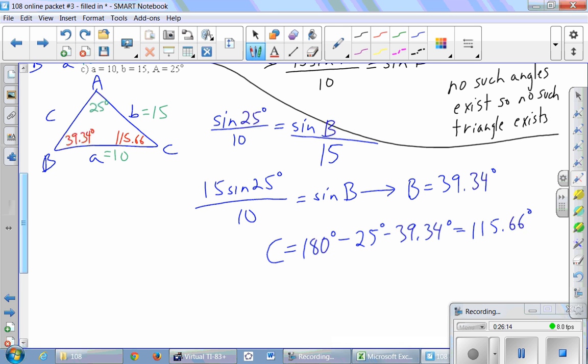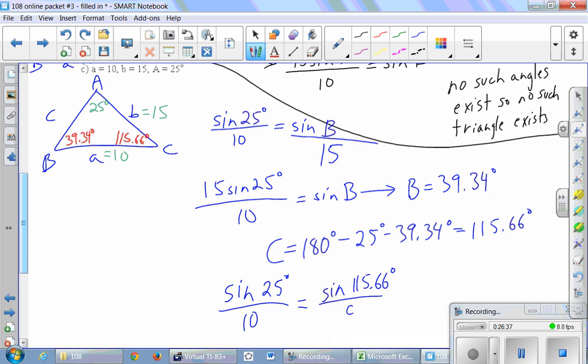115.66. And then in order to find side c, lowercase c, we just need to use the law of sines again. So let's go back to the angle that we were given, sine of 25 degrees divided by 10 equals sine of... I don't know what to put here. Oh, I do know what to put here. I just learned that angle C is 115.66 degrees.